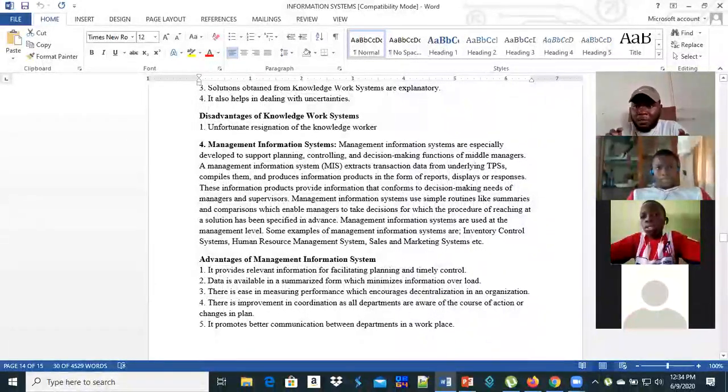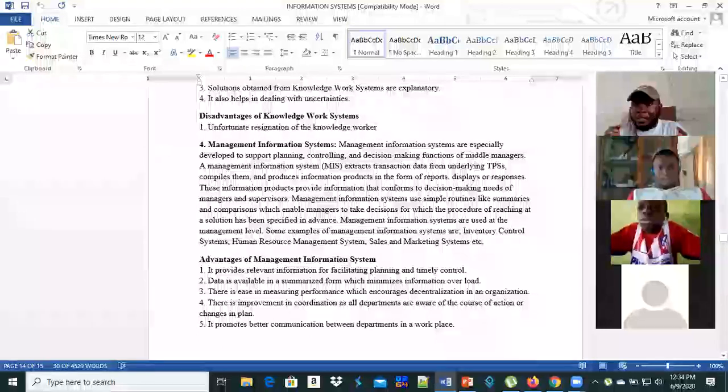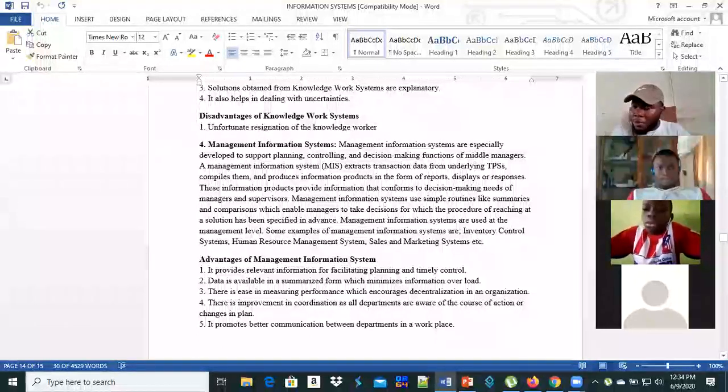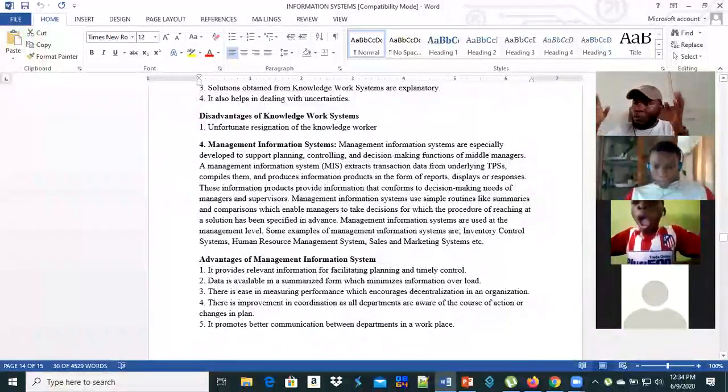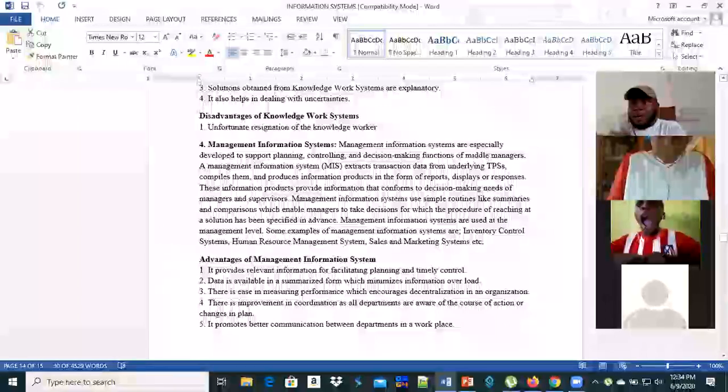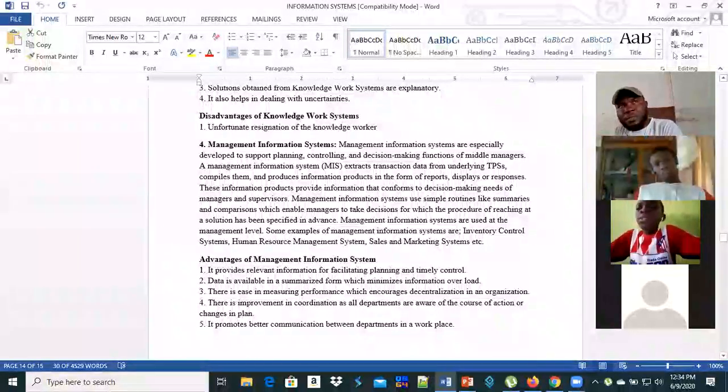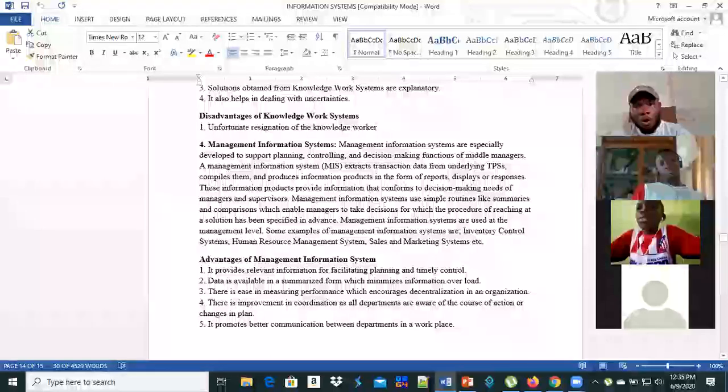So the management information system manages everything that happens in the organization. It knows the number of people that are employed. If it is a shop, like a mall, it knows the items that are there, the ones that are usually purchased, the ones that are less purchased, the ones that need to be restocked, the ones that will expire in a moment, and all of that.